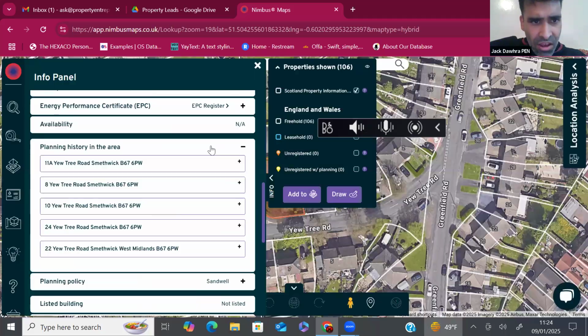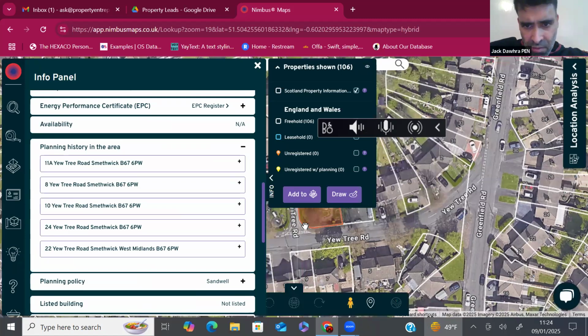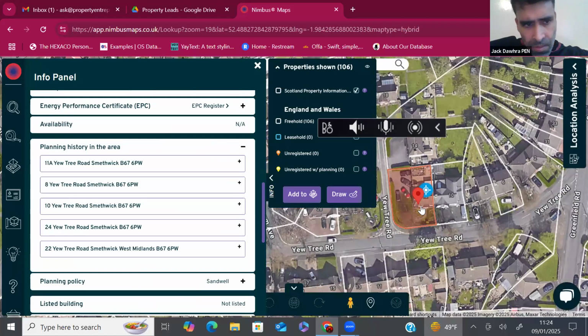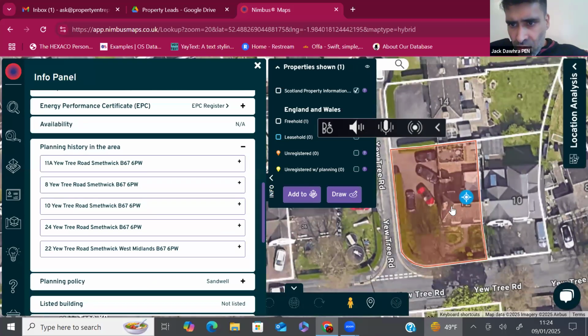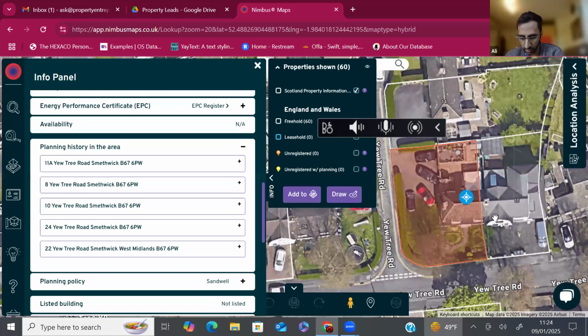Planning history in the area. This one, what number is this house, Ali? I'll have to look at the photo. I think it's 11 or 18. 11, so, sorry, 18. Yeah, so, is it 11 or 18? Oh gosh. I'll have to go back to my photo. Number 10, and beside, I'm guessing this is number 12. Yeah, it looks like it's number 12.